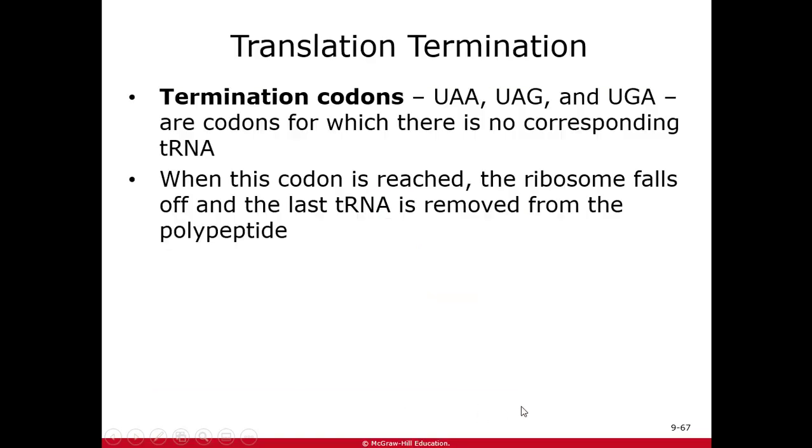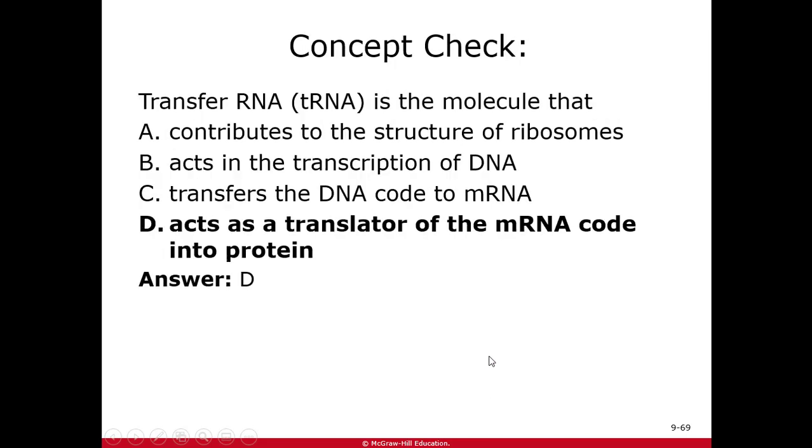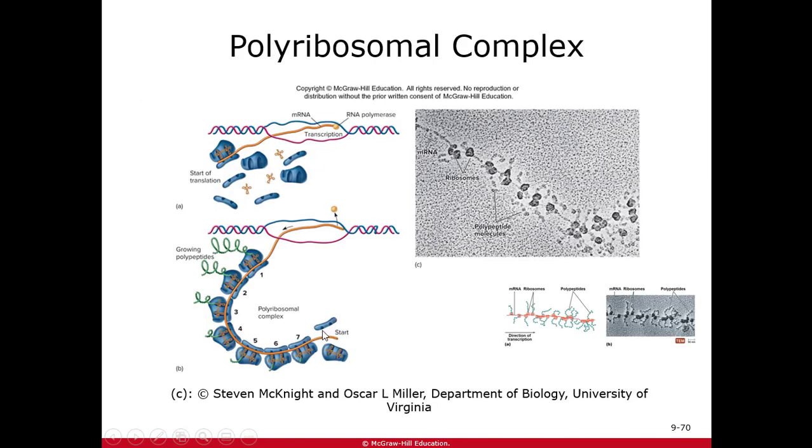Now, what makes it faster is, cells can do this very, very quickly, but to speed it up, because sometimes you need lots and lots of proteins, you can have multiple ribosomes reading a messenger RNA sequence at the exact same time. So if this is the messenger RNA sequence, this yellow strand here, you can have multiple ribosomes reading it.